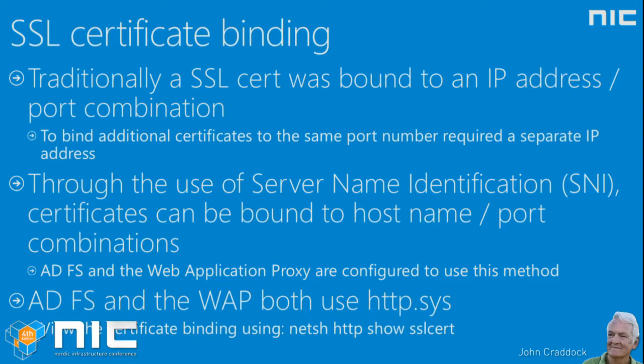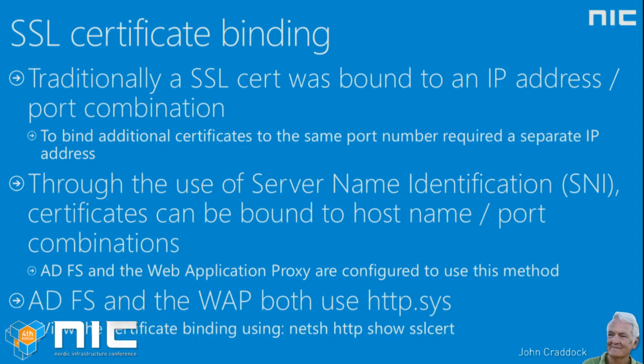However, what we can do is use Server Name Indication. SNI is a bit like an HTTP host header, but during the initial SSL setup, in the hello part of the protocol, the client will have an extension that says, I support SNI, and then the client passes over to the server the host name it's interested in.